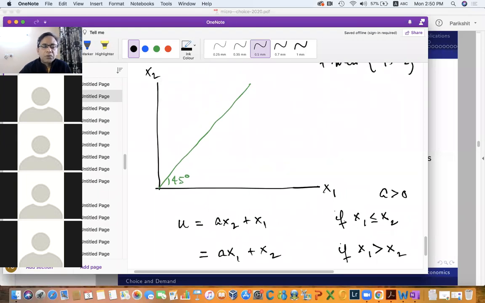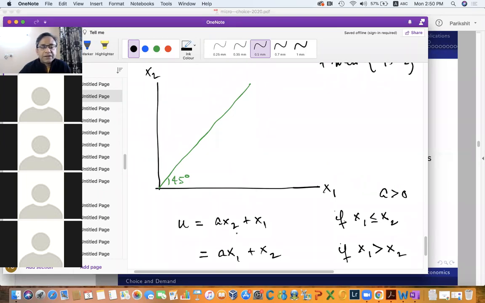Okay, so above the 45-degree line, an indifference curve will be a straight line. Yes, sir. But when A is from 0 to 1, the indifference curves will look different from what I understand. I'm coming to that. I'm going step by step, right? What you are getting at will emerge in just less than a minute.